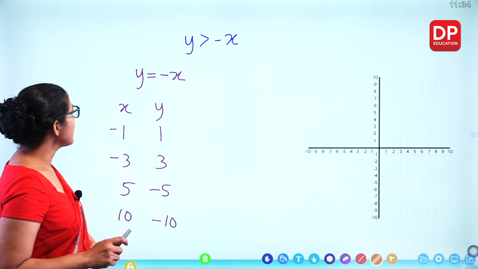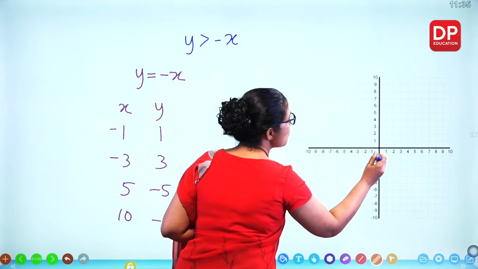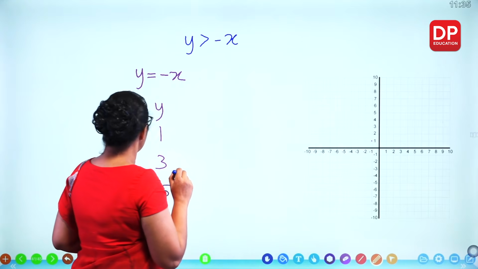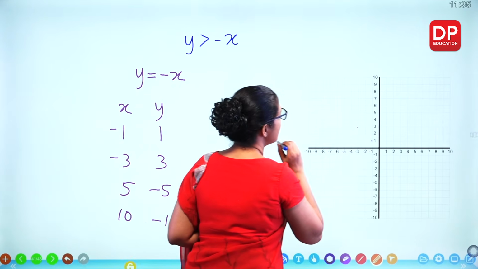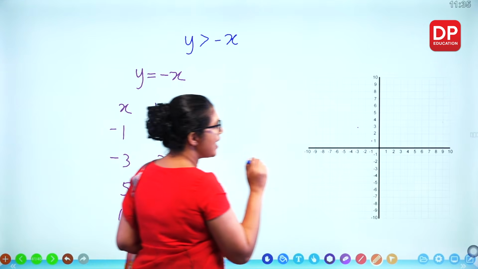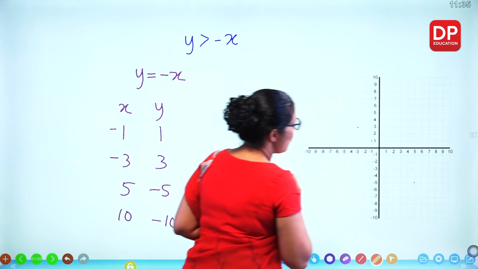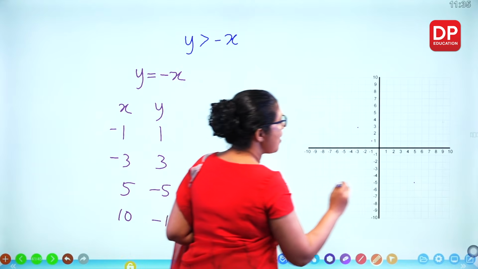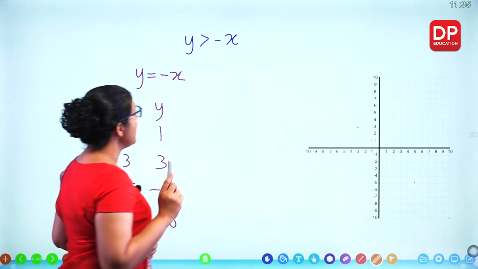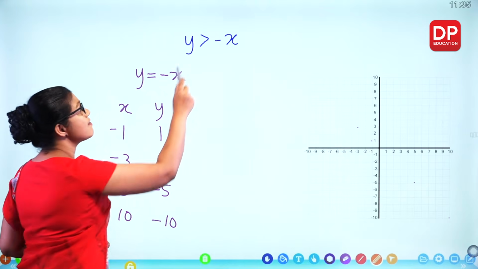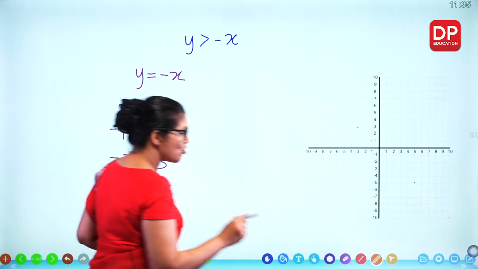Now we'll try to mark these points. Minus 1, 1 is here. Minus 3, 3 is here. 5 and minus 5, somewhere here. 10 and minus 10, somewhere here. Now we need to draw the line, but this is not equal. So that means you have to draw a dash line.